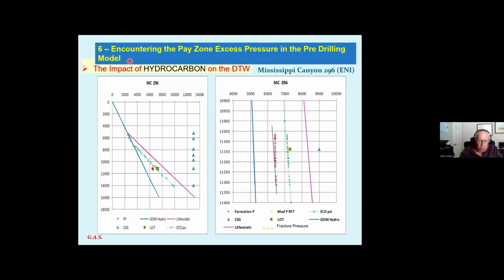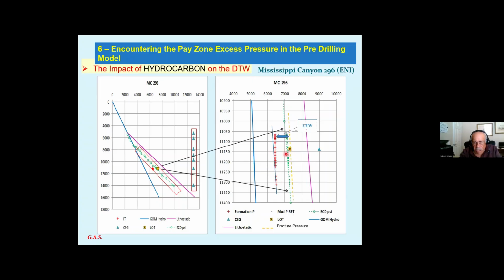Also, why do we drill a prospect? To find hydrocarbon. But most of the models do not encounter hydrocarbon in it. So, especially in the deep water, here we have the casing points, and here you have a pay zone. Pay zone means you get a hydrocarbon here.